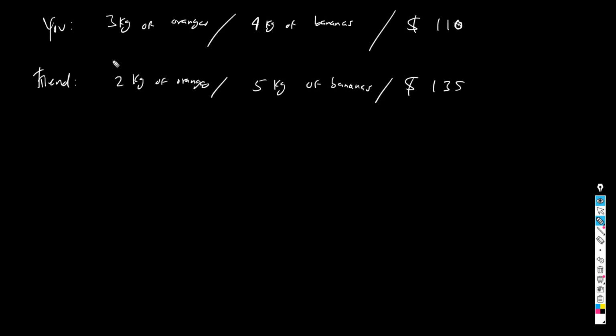Okay, so this is a new problem, completely similar to the one you have seen before, and solve it. Okay, for this other market that you're gonna go with your friend and you buy these many things for this amount of price, find me the price of oranges per kilogram, and the same for bananas, the price per kilogram of bananas.